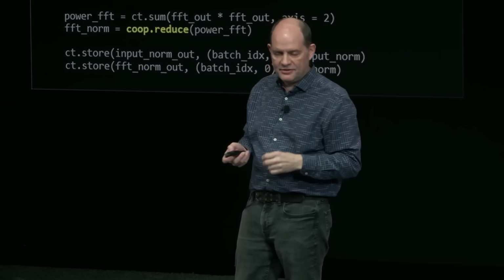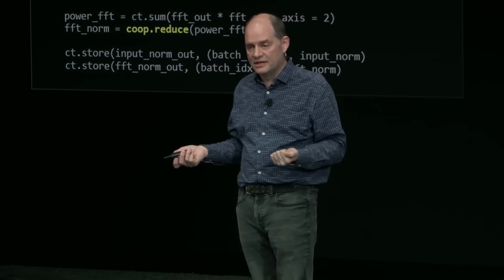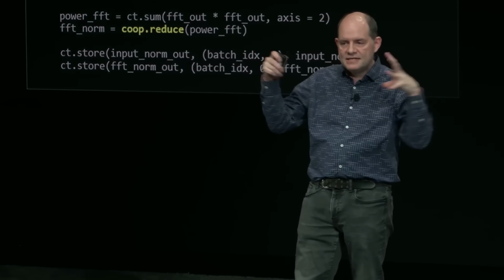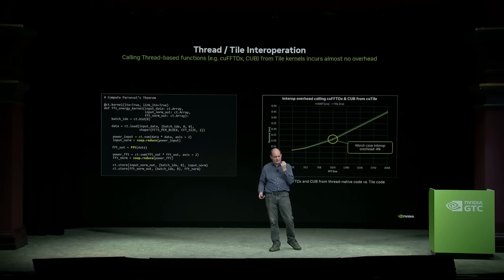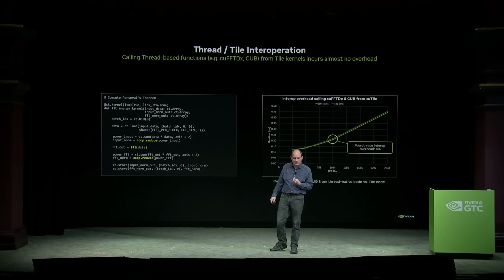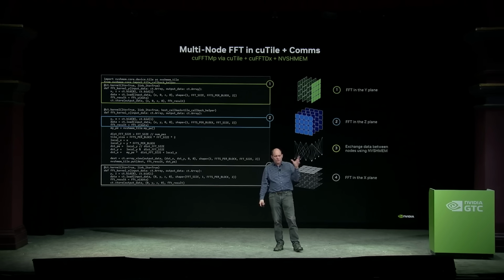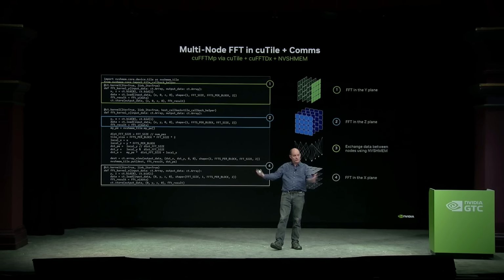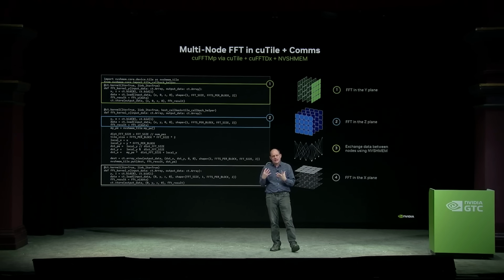In this case of this FFT example, the worst case was just a few %. Right? So the ability to interface and interoperate with things is critical. Otherwise, your system becomes much more difficult to use. We also recognized back in my multi-node theme that communication is critical in any application now.